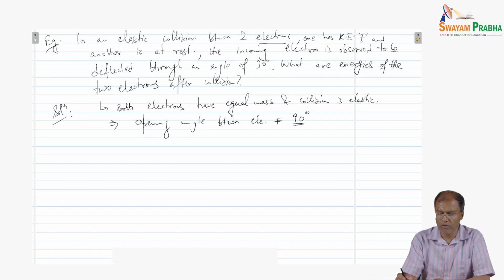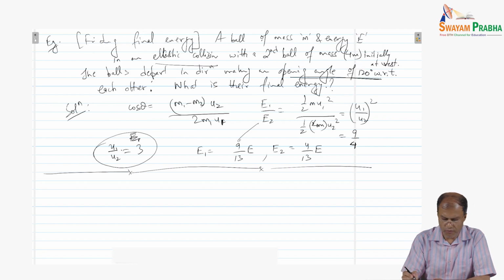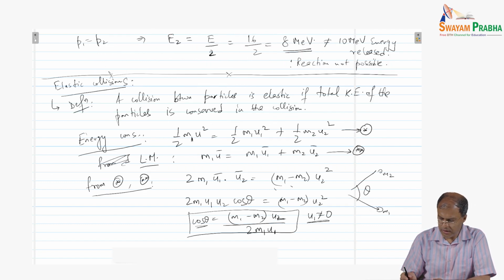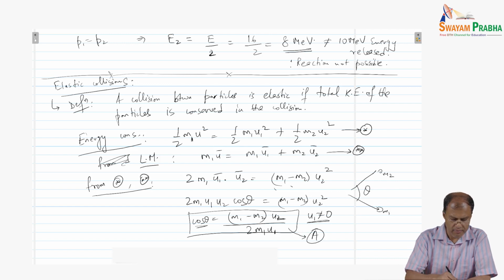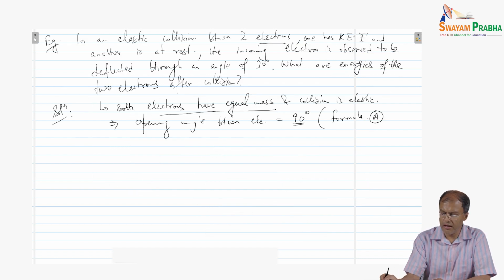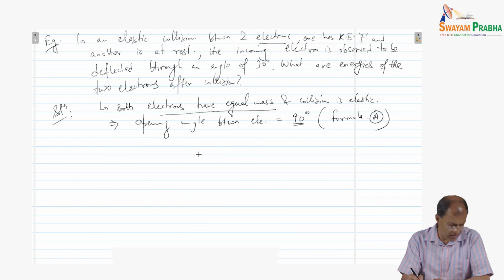How can we say that? Because both electrons have equal mass. We are using this formula, star, so let me call this formula A. Using formula A here, we find that the opening angle is 90 degrees.